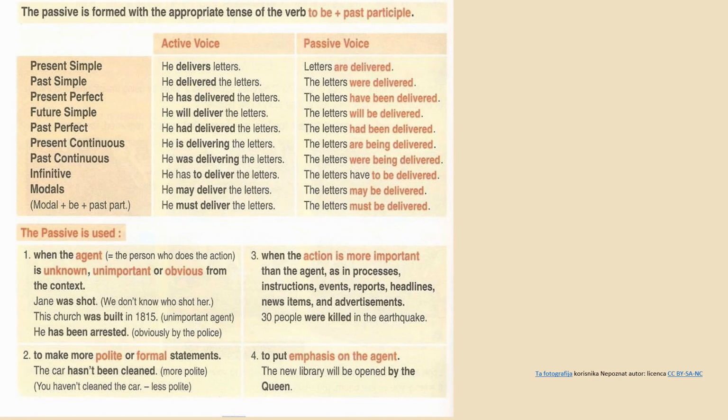We also use passive to make more polite or formal statements, when the action is more important than who did the action, and the fourth one is to emphasize the agent. For example: The new library will be opened by the Queen. You can pause the video lesson now and copy this table into your notebooks.